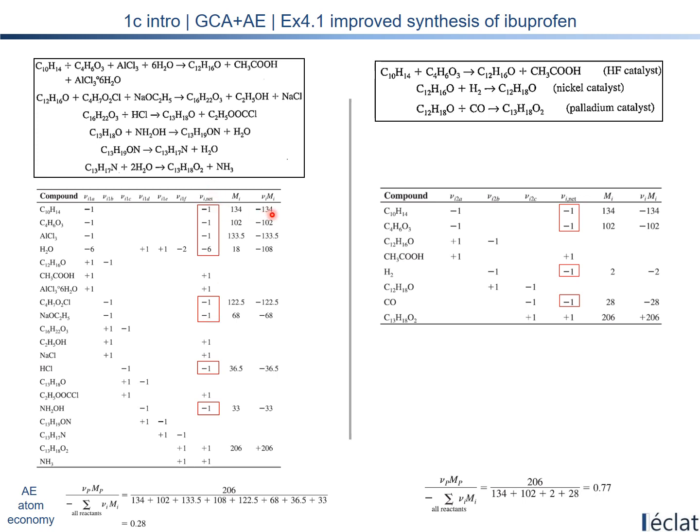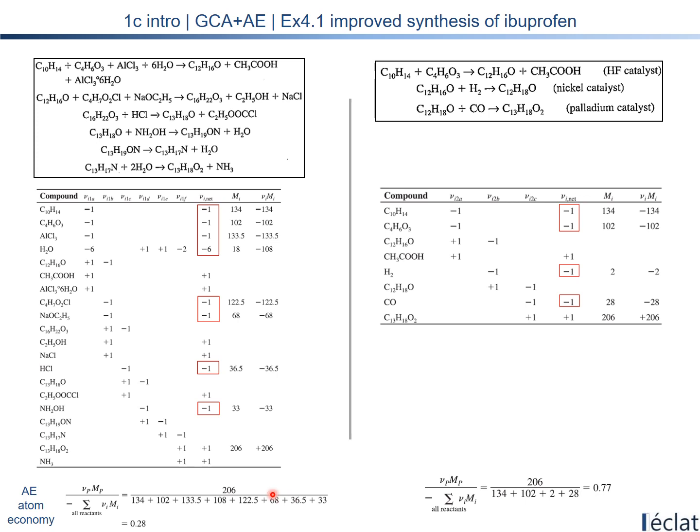So 134 for the first compound, for the second compound 102, and then 133.5, 108, 122.5, 68, 36.5, 33. The summation of all reactants is located in the denominator.